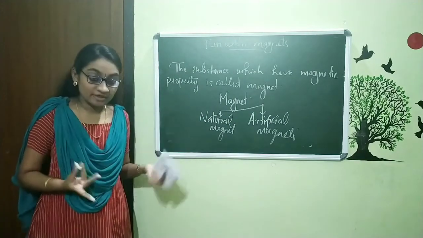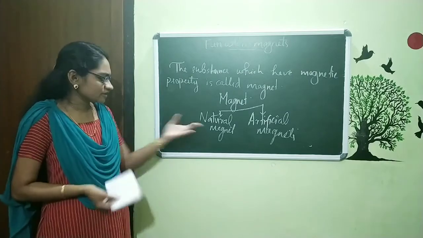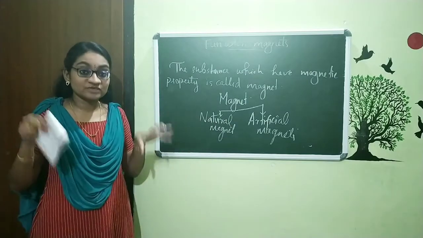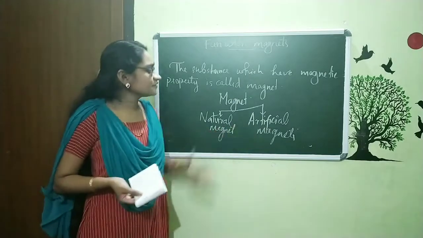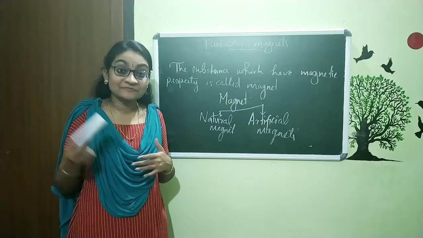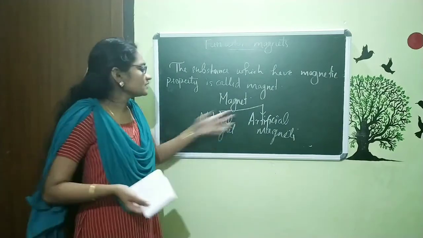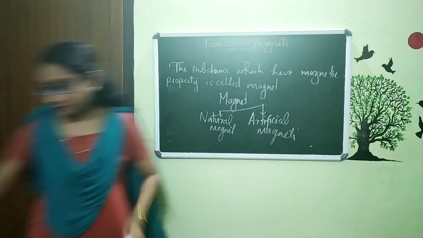One is natural magnet and the other one is artificial magnet. What is the natural magnet? The magnet which is found in nature, in the natural state. And the artificial magnet is the magnet which is made by human beings using iron or something.